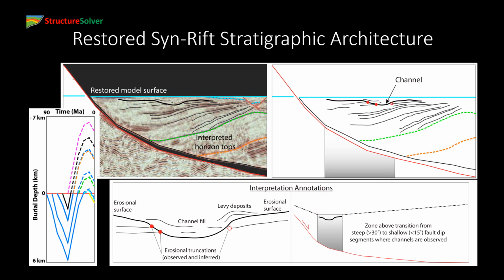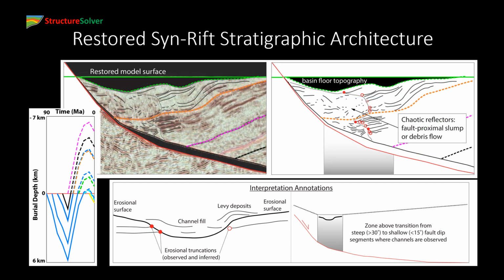From numerical models of rift basin channel behavior, we know that these channels are generally confined to regions where fault-driven subsidence is greatest. This is consistent with the results here in that the channel restores to a region where the kinematic fault bend fold model has the greatest vertical displacement along that steep fault dip.